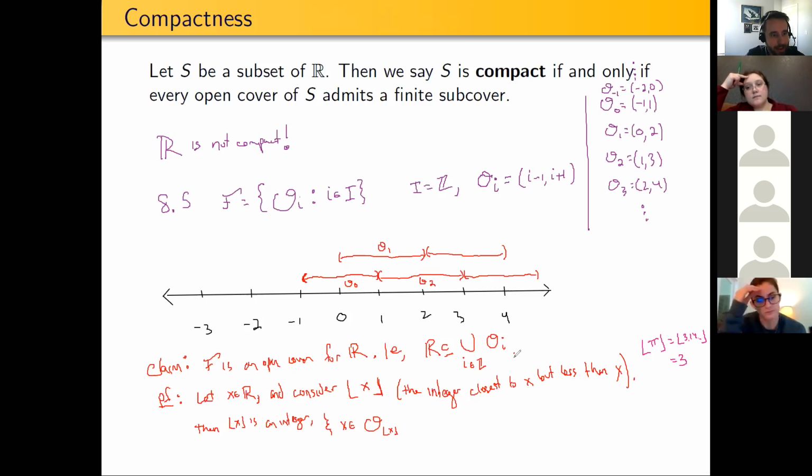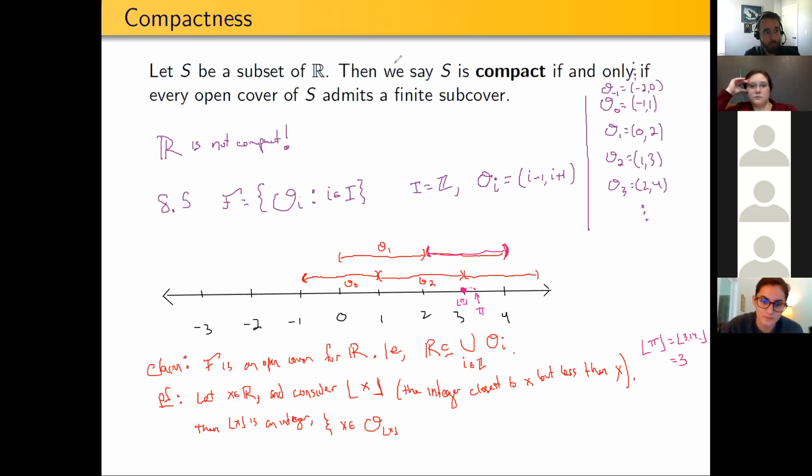Just to illustrate that on our picture, if I had taken pi, let's say pi is right about here, then the floor of pi, I just jump down to the closest integer that's less than it, and that's 3. O sub 3 clearly extends all the way from 2 to 4, and so it will contain pi or any other number in that range whose floor is 3.